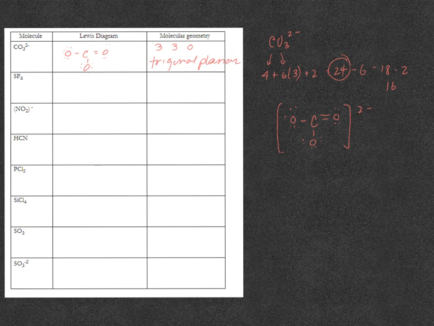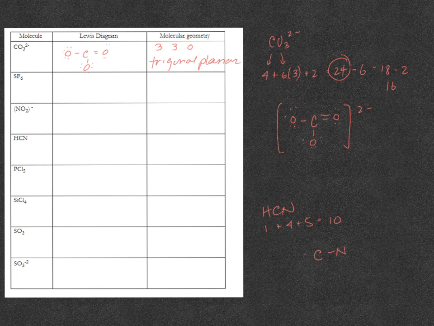I am going to do HCN next, and then the other ones you can refer back to the answer key. So HCN, first thing we're going to do is count up our valence electrons. Hydrogen is group 1, carbon's group 14, nitrogen's group 15, so I have 10 valence. If carbon's present, it's in the center.